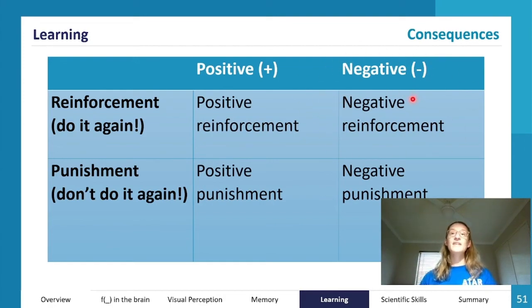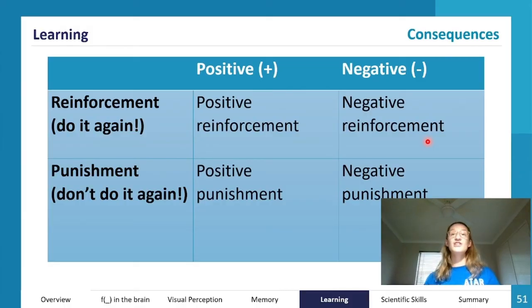Whereas with negative reinforcement, we have our negative, so something is taken away to promote a behavior. How do we take something away to promote a behavior? Well, it's taking away an unpleasant stimulus to increase the likelihood that the behavior will be repeated. For example, a child is being told to clean their room, but they don't want to, and a parent is nagging.